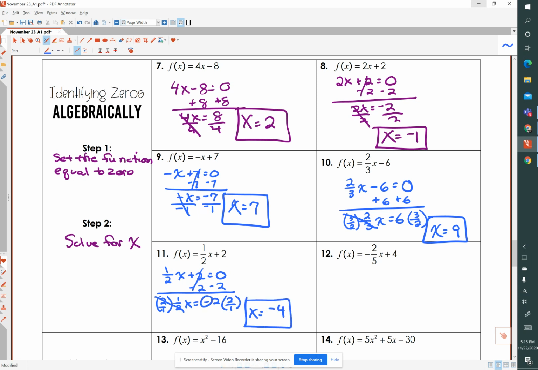Don't forget your negative sign there. Very common mistake. And finally, number 12, -2/5 x plus 4 equals 0. Subtract 4 from both sides. -2/5 x equals -4. Multiply both sides by the reciprocal.